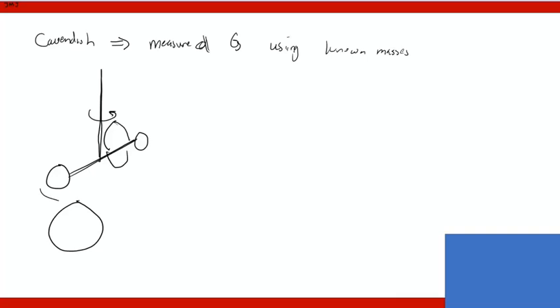These would twist, putting a little twisting tension, a torque essentially, in this rope. He'd find the equilibrium position as a function of how far these initially began from the larger balls, make a plot, and from that plot get a value of big G. So this was a determination of the value of big G.